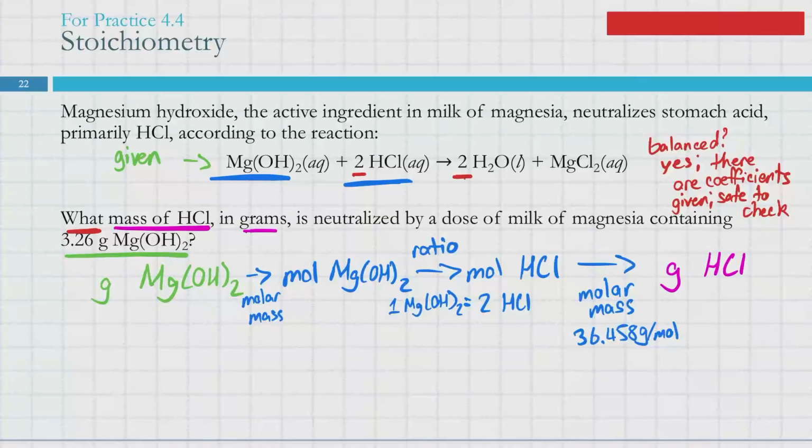For our magnesium hydroxide, it's going to be 58.324. Questions about the solution map?